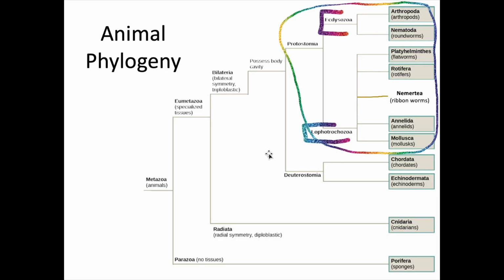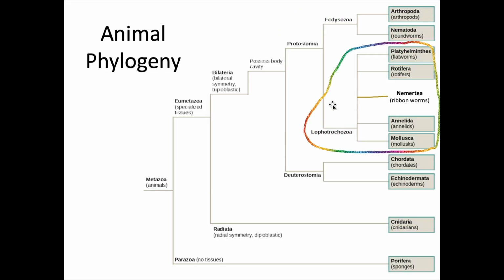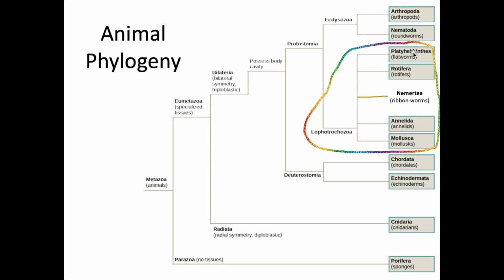Let's go after the Lophotrochozoa first. That is a group that includes these five things. So what does it mean? To orient ourselves, we're in clade protostomia, and this is a taxon called a superphylum. So there are going to be several phyla within this superphylum: Platyhelminthes, Rotifera, Nemertea, the rest.